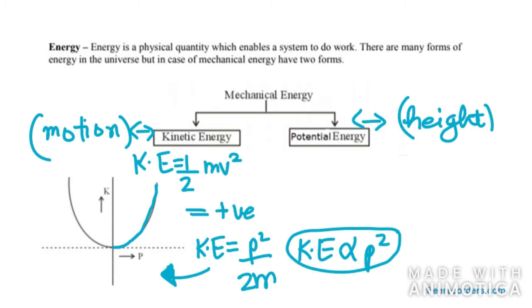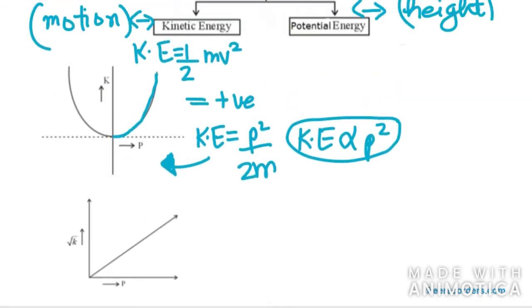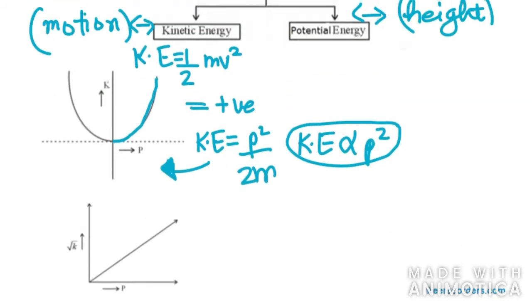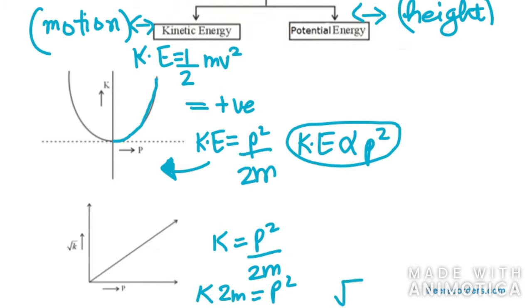Now we have another relation between kinetic energy and momentum. This is nothing but a rearrangement of the above formula. So K equals p square by 2m, and p square equals 2mK, so p equals under root 2mK.